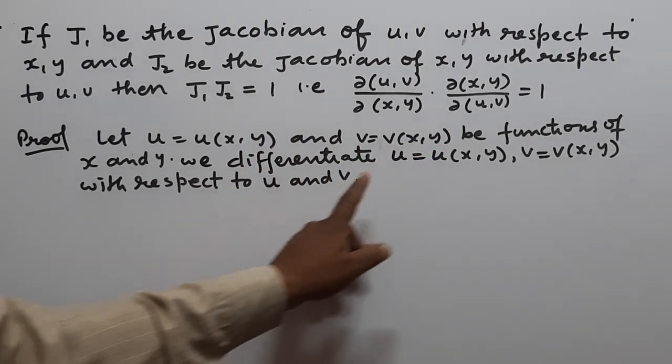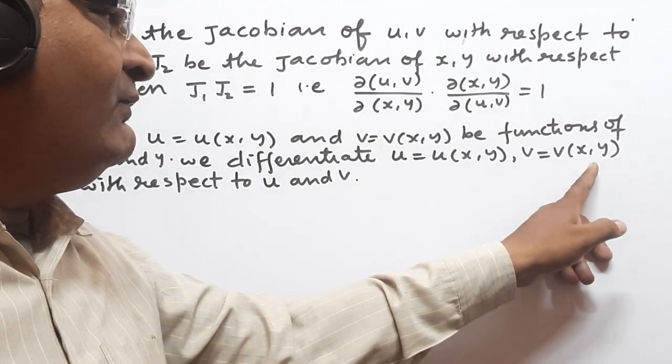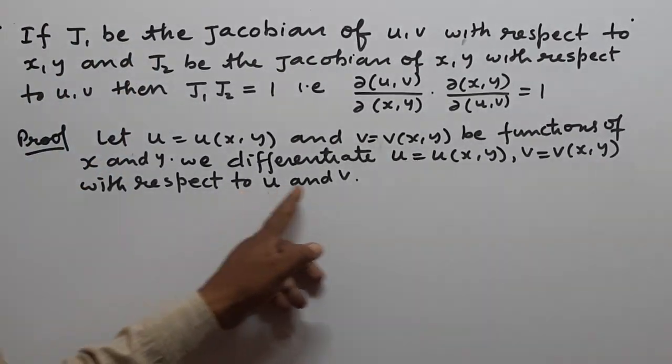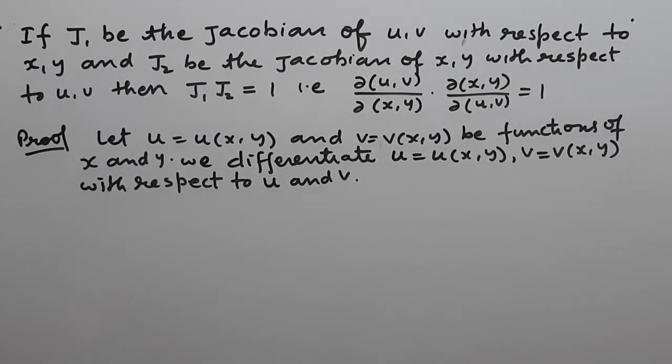Now we differentiate u is equal to u(x,y) and v is equal to v(x,y) with respect to u and v.